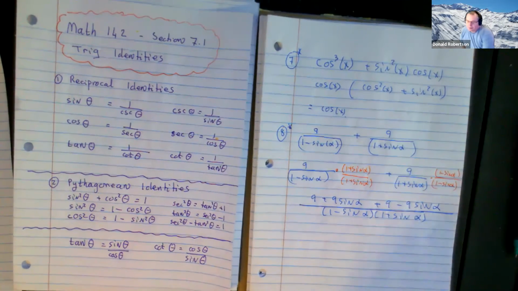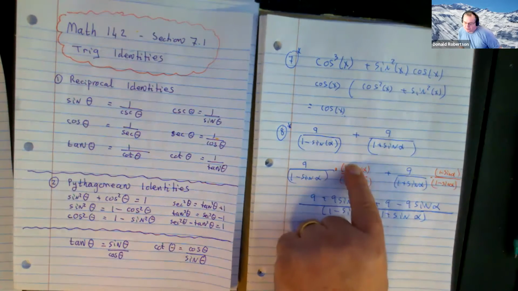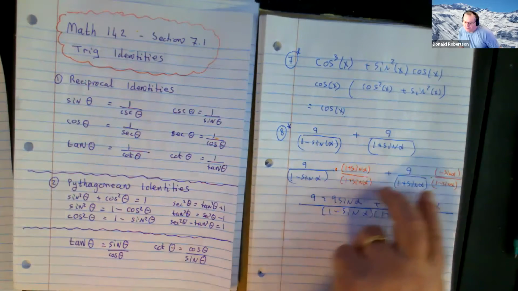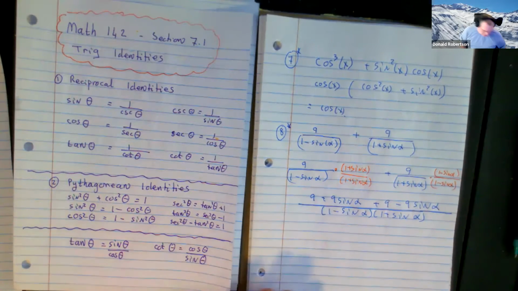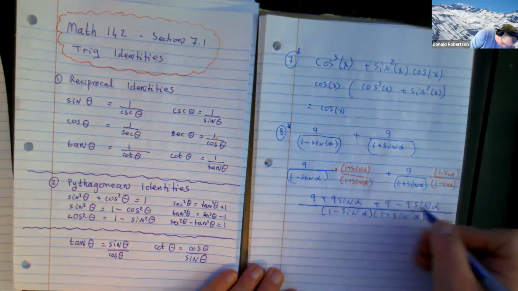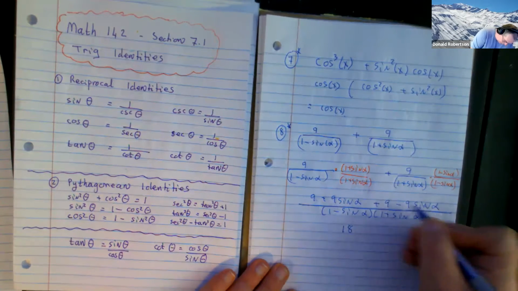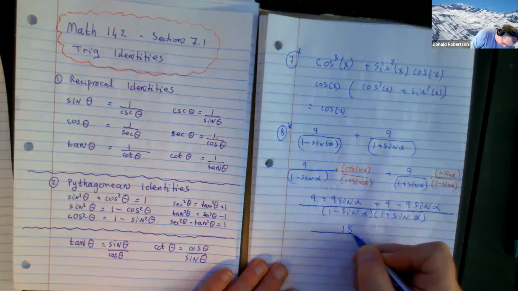Are you comfortable about what I just did there, right? 9 times this guy, 9 times this guy. They share a common denominator, so it's now one big fraction. And some pretty nice combinations. The 9 and 9 go together, the other two kill each other off.